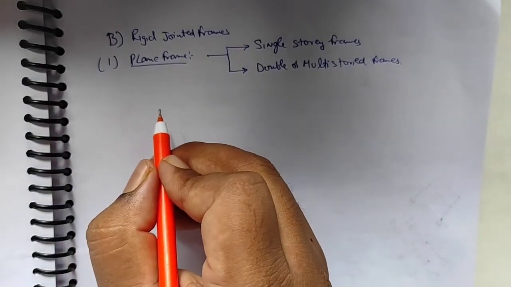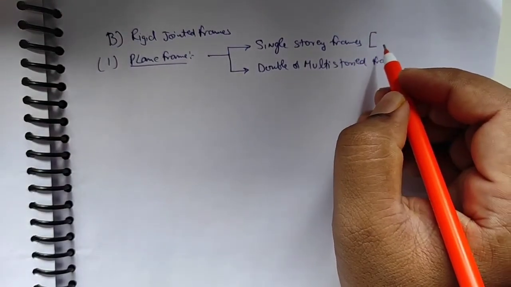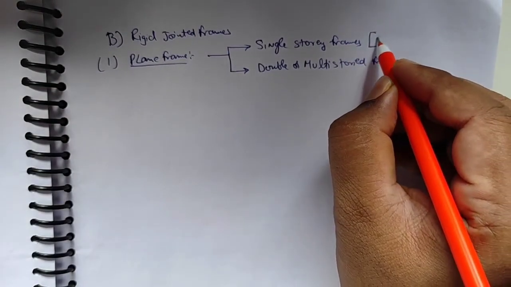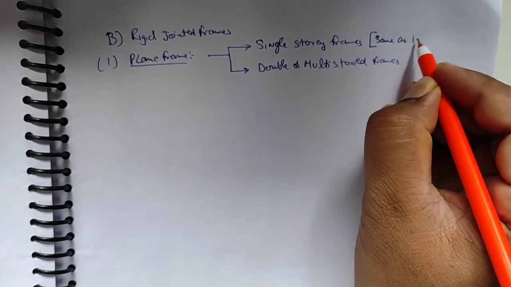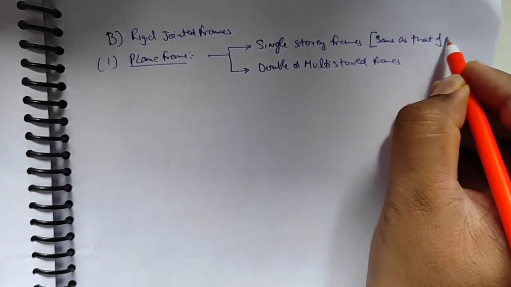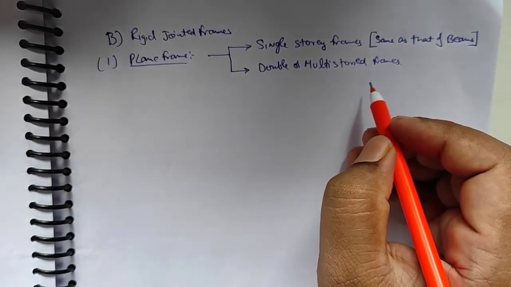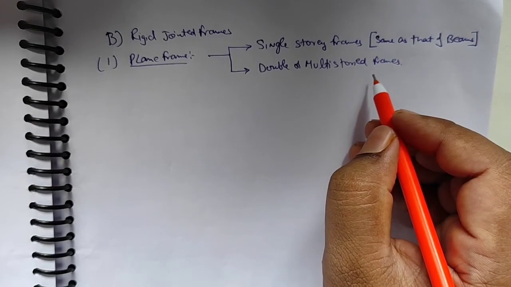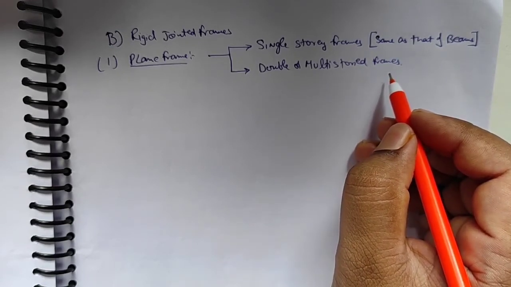So for single story frames, the solution of degree of indeterminacy will be the same as that of beams, as we have solved till now, and little changes will be considered in the double or multi-storied frames.